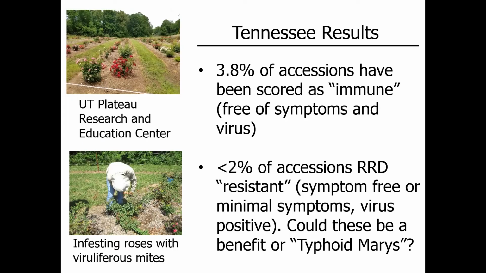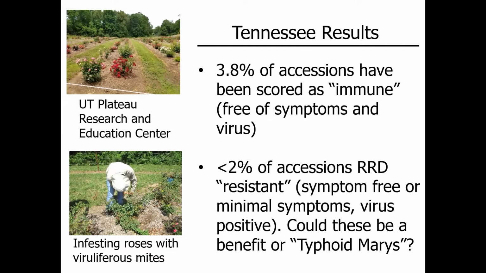But then we found some more roses, not quite as many, that we label as resistant. They're symptom-free, or they have very minimal, almost undetectable symptoms, but they test positive for a low level of the virus. But the level of the virus over years never goes up. The symptoms never get more severe. Is this a good thing?